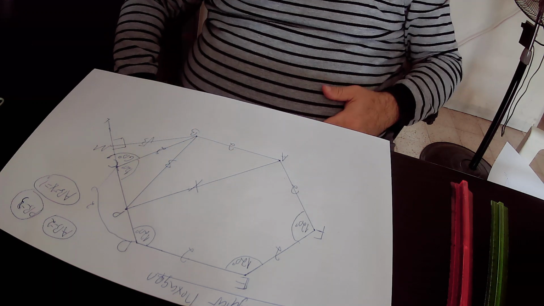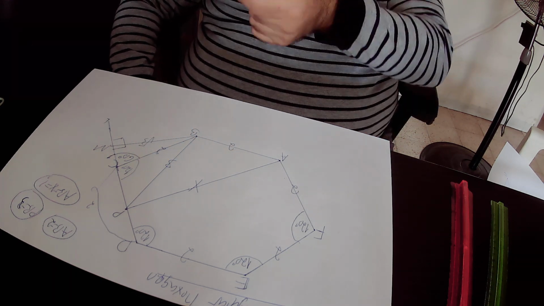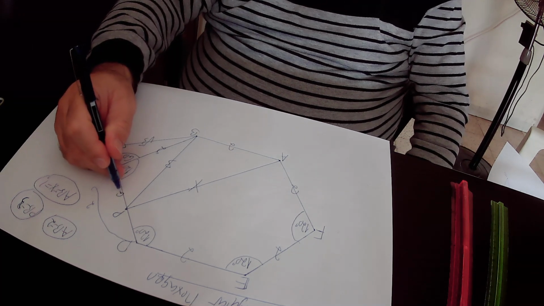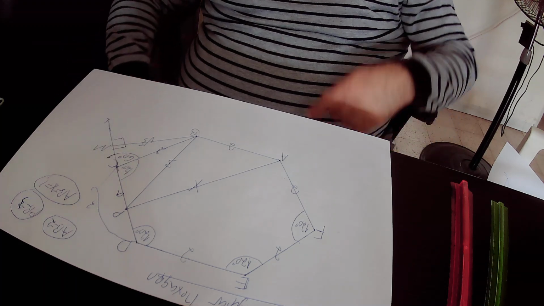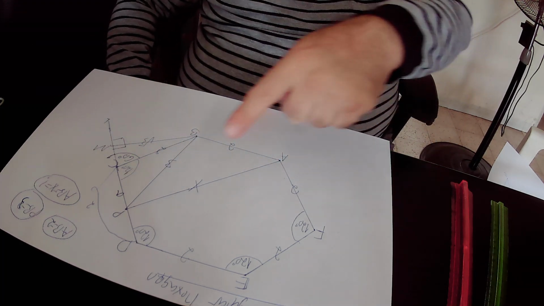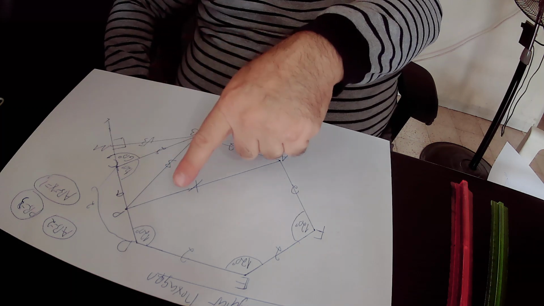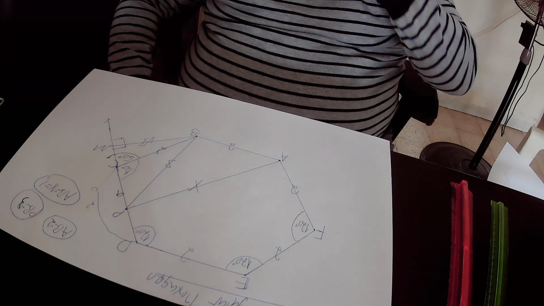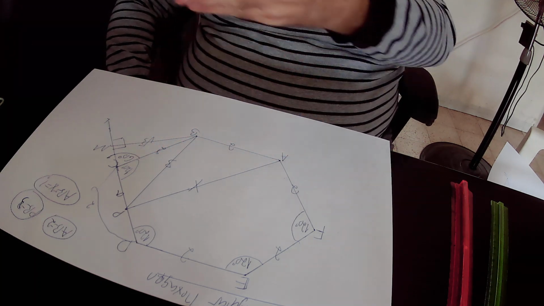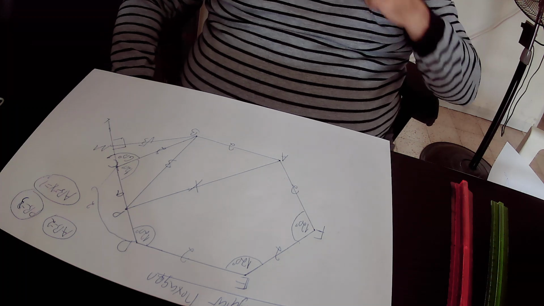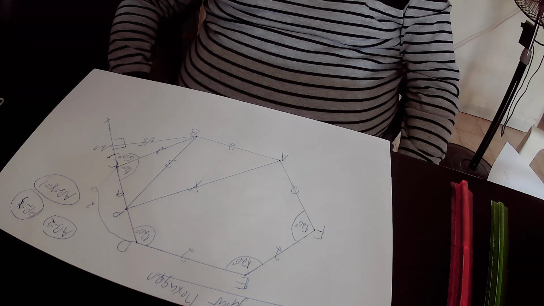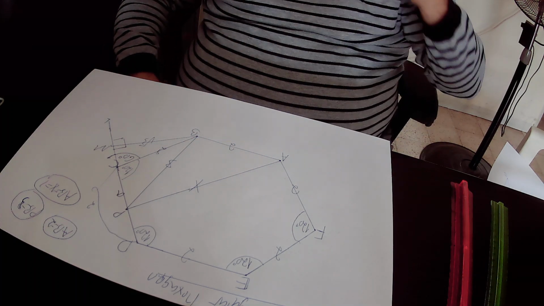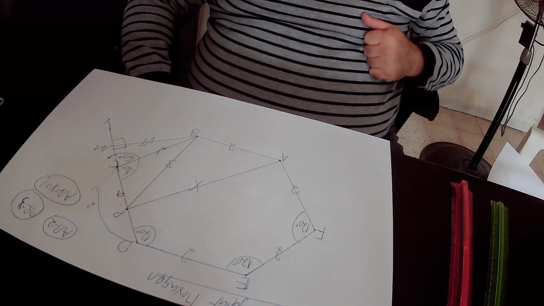PC is unknown, so we'll define the length of PC as A. So PC equals A units according to our definition. Therefore, side PM of the right triangle PMB equals PC plus CM. PC equals A, CM equals 1, therefore PM equals A plus 1. BM equals the square root of 3 units. And PB equals 3 units, according to what is given in the question.